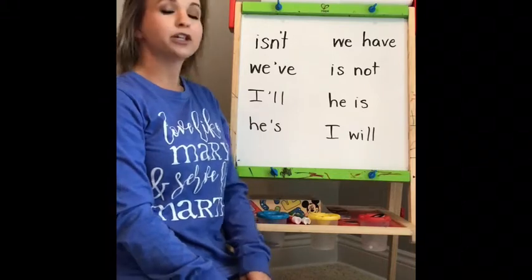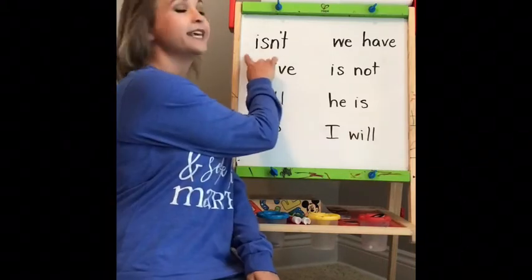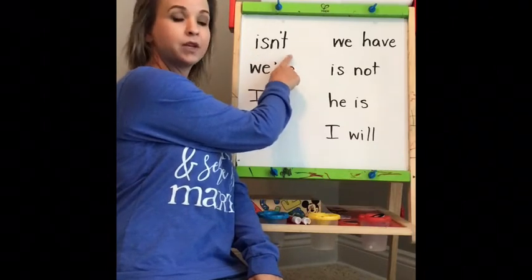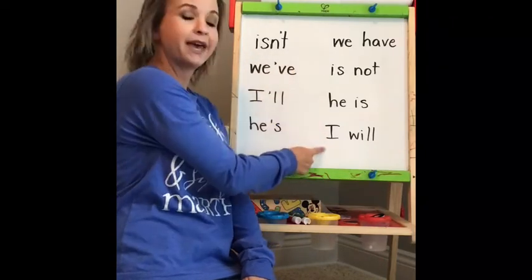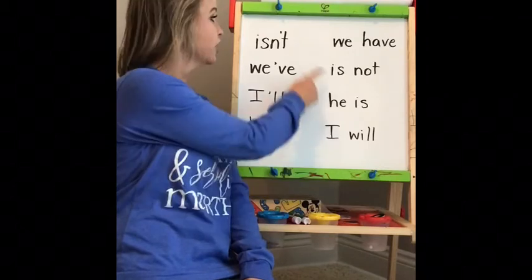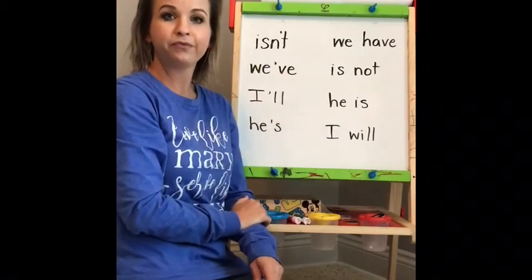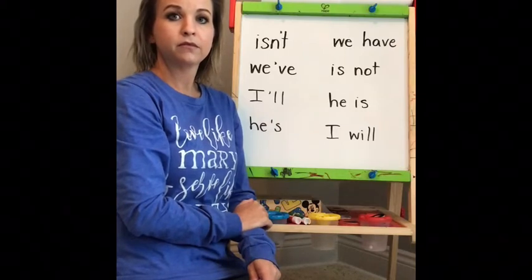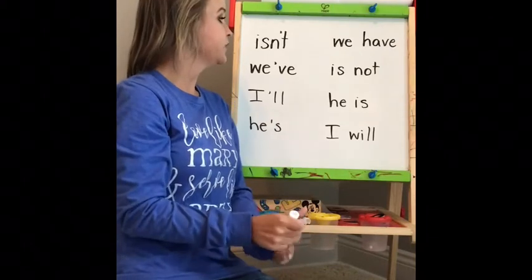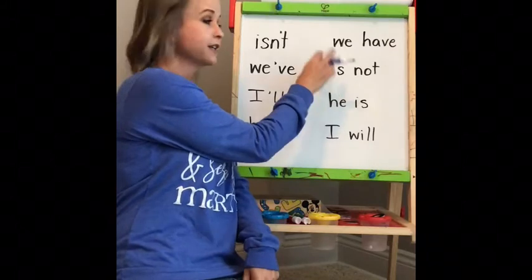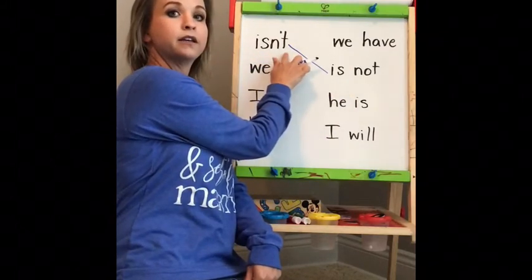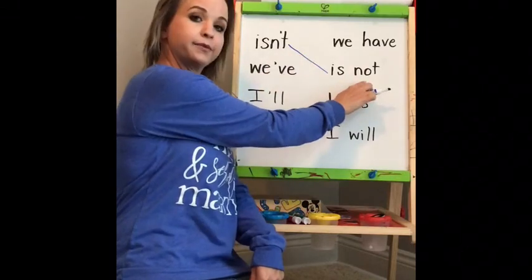So your first contraction is isn't. Isn't. So which one of these makes up the words that make the contraction isn't? Write them down. Okay, did you get is not? These two go together. Isn't stands for is not.